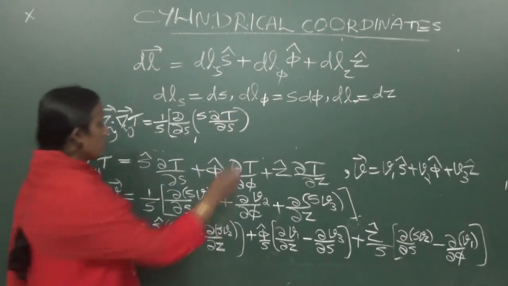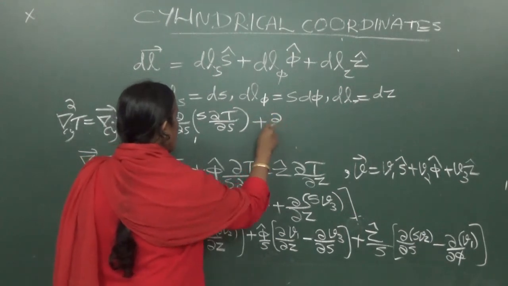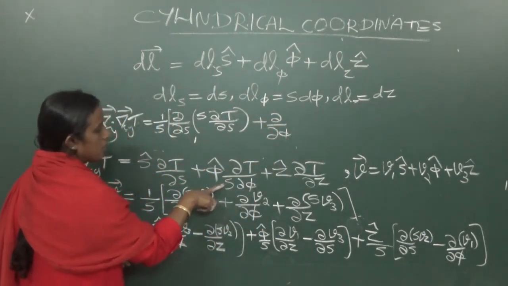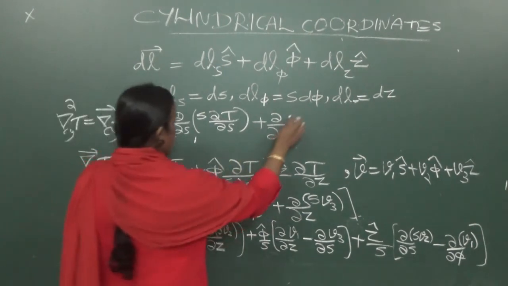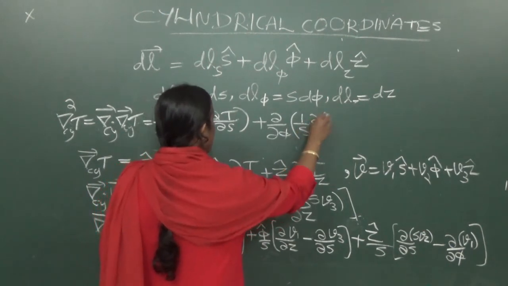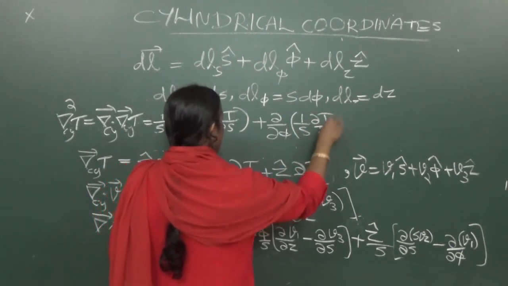The next one is dou by dou phi, instead of v2 this term. Here there is s, so you have to put it here also, so you have 1 by s dou t by dou phi.